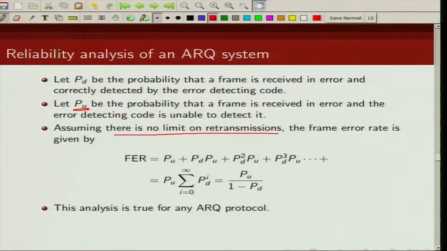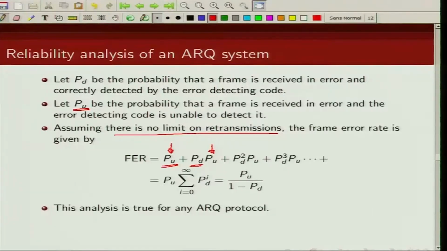Okay. So it can happen that the first time that we send the packet, the error detecting code is not able to detect the error and accepts the packet. So this is given by this probability. Or it may happen that the first time it was able to detect the error, but when we retransmitted it for the first time, the error detecting code was not able to detect the error.